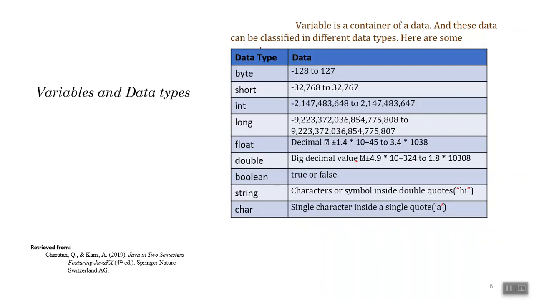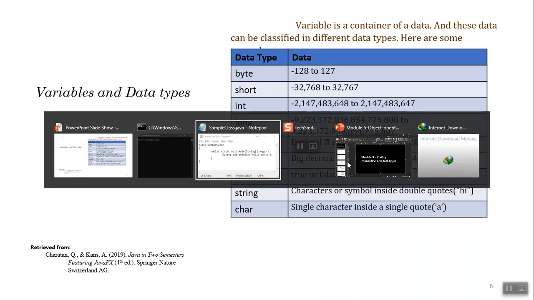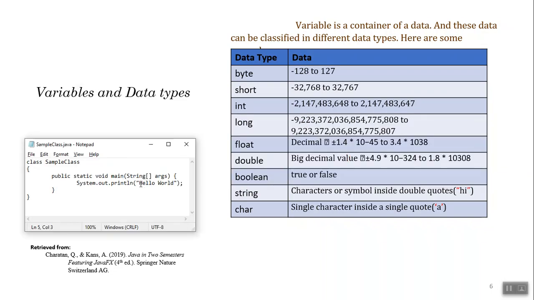And then string, those are the characters or symbols inside double quotes. As you can see here in our code, this is a string because it's enclosed in double quotation marks, meaning the compiler would only treat it as text.